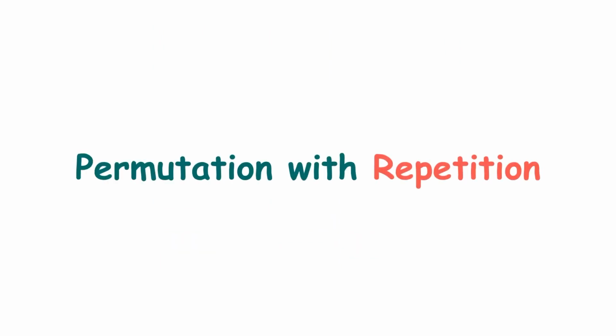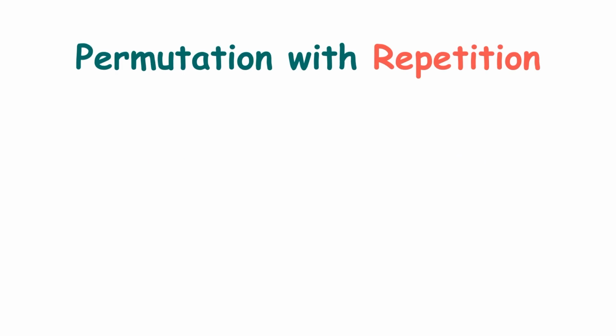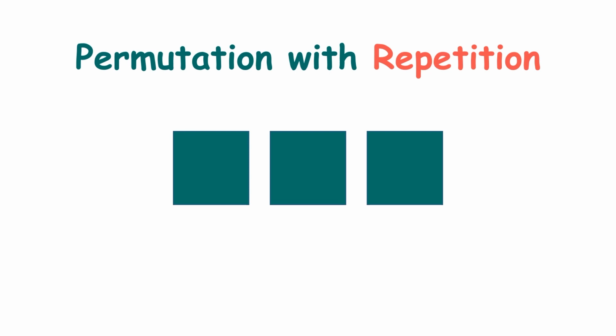Now, how many shortest paths are there? To understand that, we need to understand the key concept, which is permutation with repetition. Let's say we are given three distinct objects, A, B, and C. We want to see how many different arrangements of A, B, C there are. Let us assume three blank spaces, as we have to arrange three letters. To fill the first blank space, we have three options.